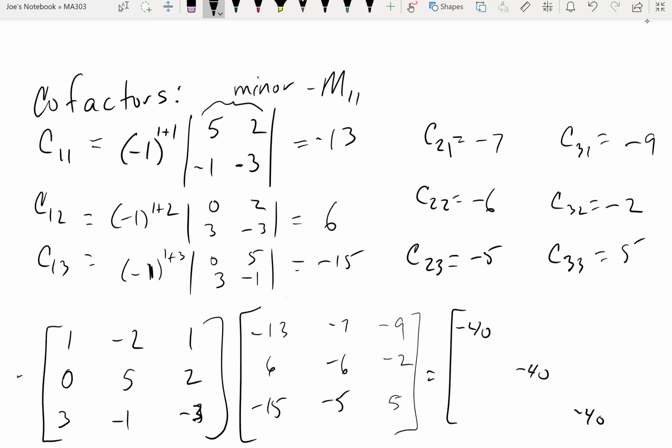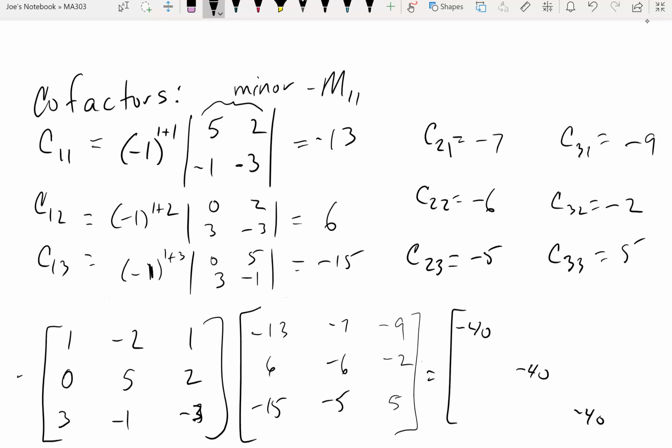The other cool thing is what happens with all the rest of the entries. They're all going to be 0, because let's just check a couple. 1 times negative 7. Negative 7 plus 12 is 5, minus 5 is 0. Right? Negative 9 plus 4 is negative 5, plus 5 is 0.